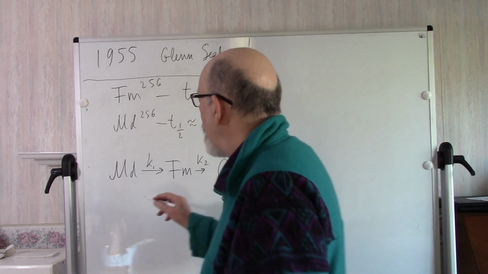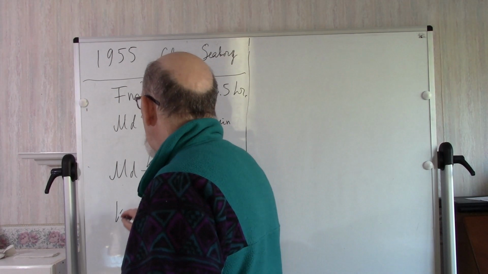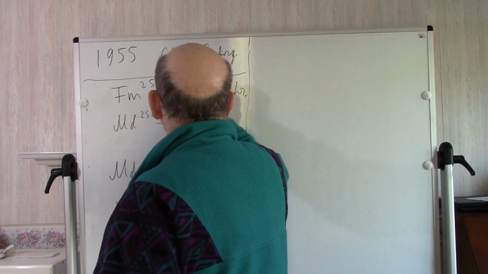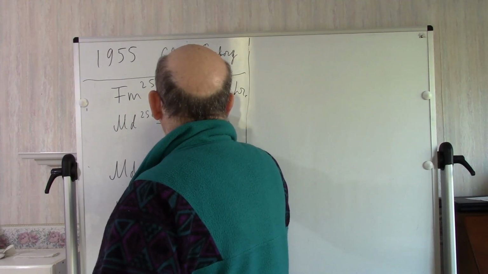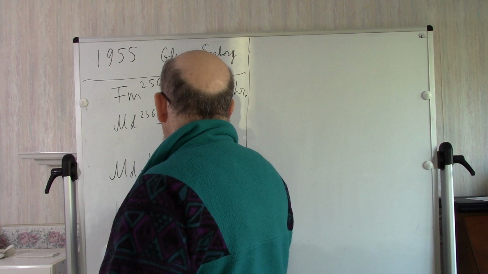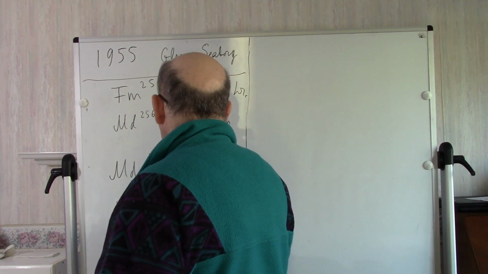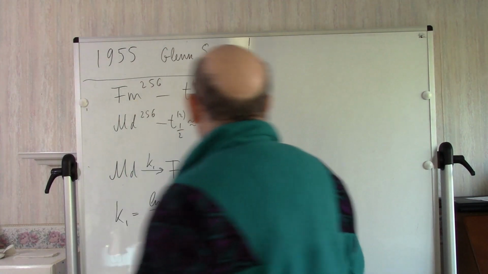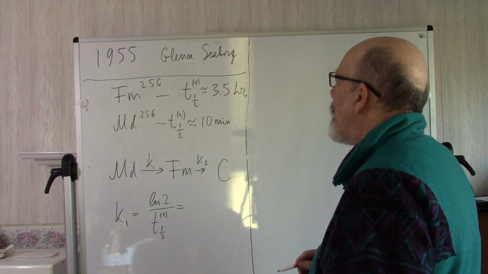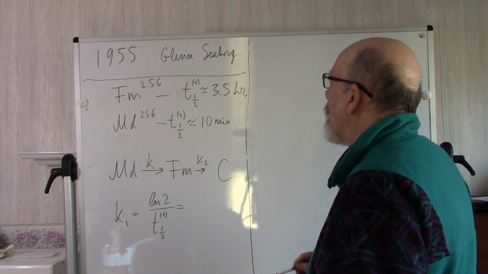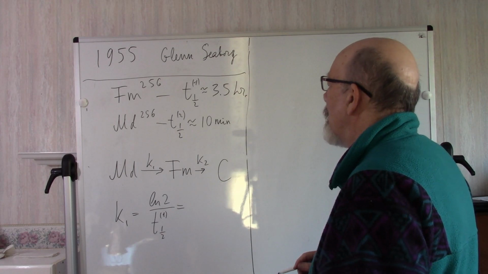So let us find what is K1. K1 equals logarithm 2 divided by T1/2 of the first element. Let us measure time in, say, hours.